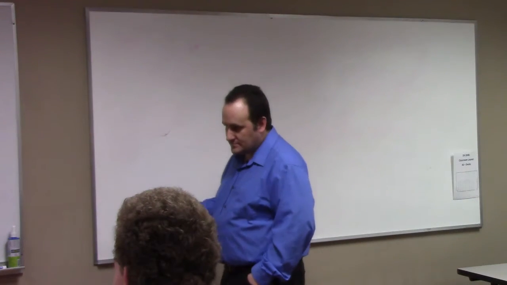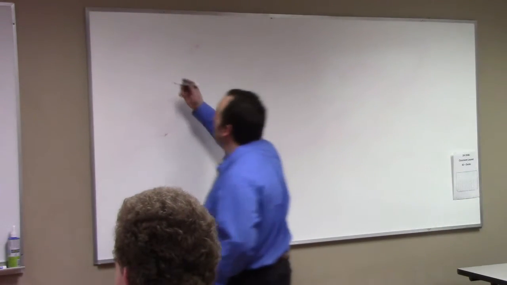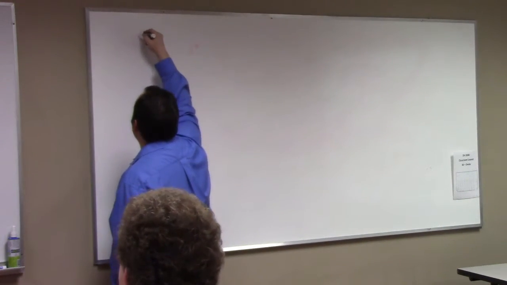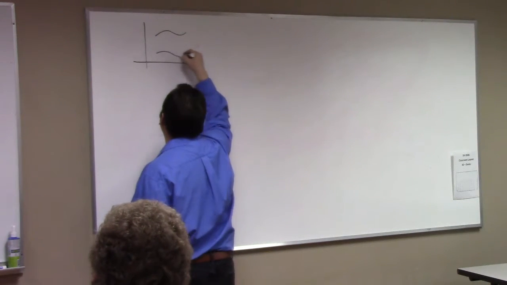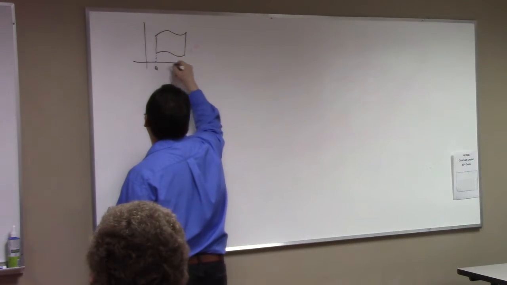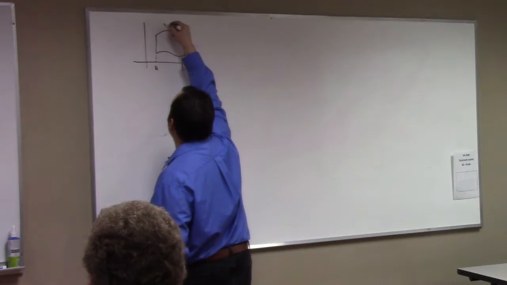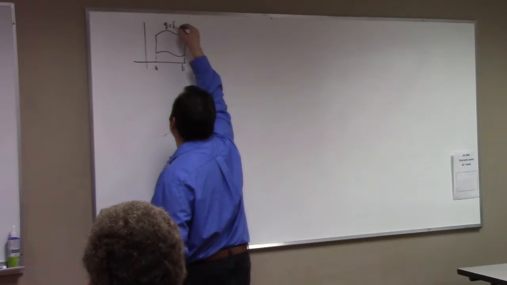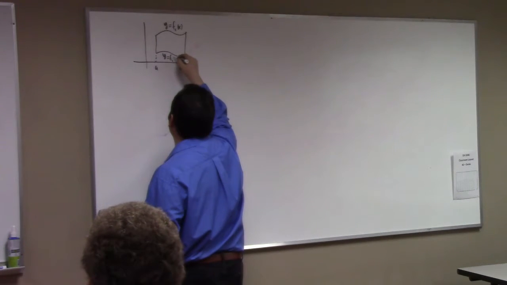Okay, so next up, curvy regions. What if you take your rectangle and replace it with something like this? So you go from a to b, all right? But the top is y equals, say, f2 of x, and the bottom is y equals f1 of x.